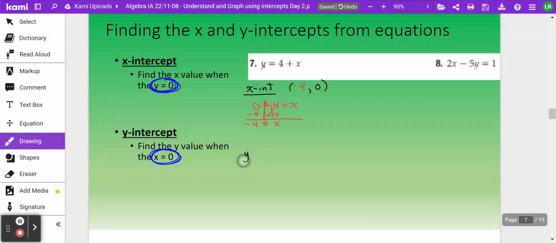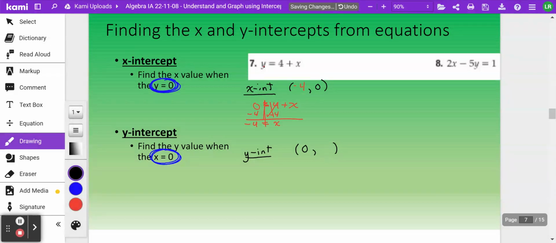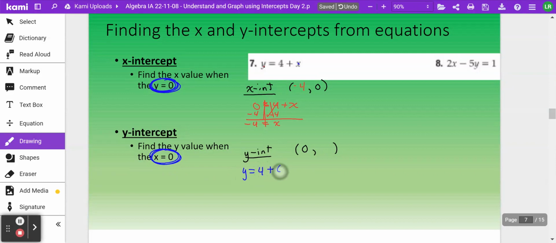Now, I start back over using the equation for my y-intercept. Remember, for a y-intercept, this time the x is 0. So this time when I work with the problem, I'm putting my 0 here for the x. So I'd have y equals 4 plus 0. 4 plus 0 is 4, so my y-intercept would be 0, 4.